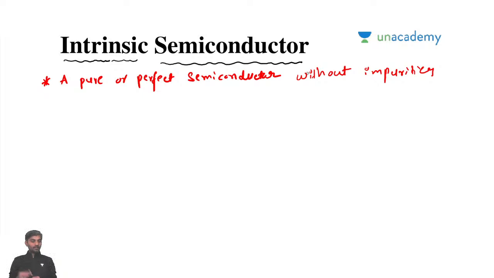In an intrinsic semiconductor, the hole concentration must be equal to the electron concentration. This second point is very important.